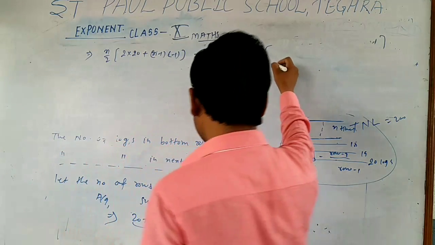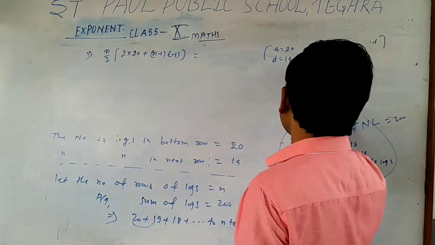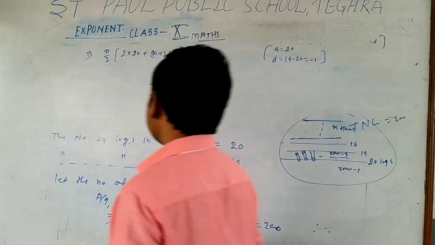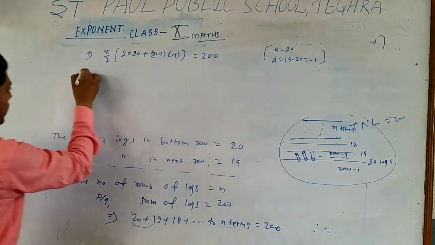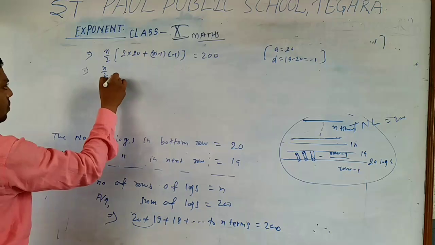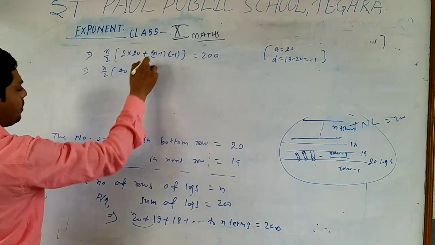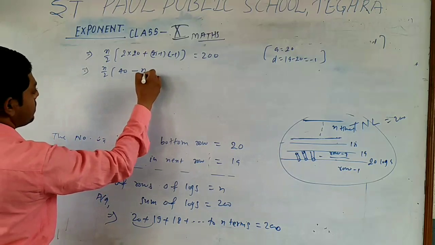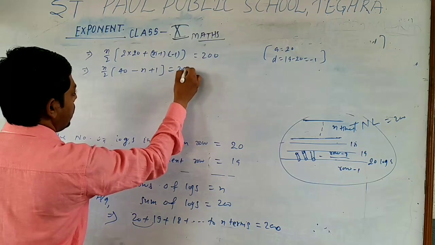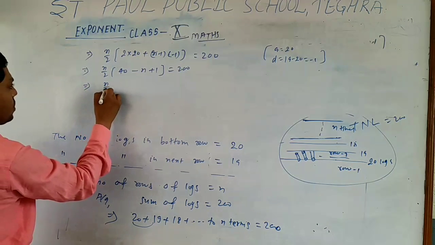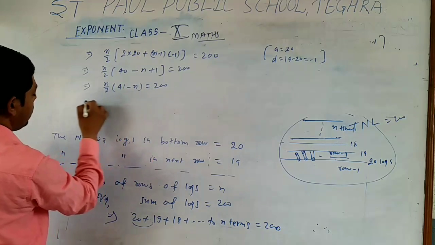Here we can write a equal to 20, d equal to 19 minus 20, that is minus 1. So n by 2 into 2a plus n minus 1 into d equal to 200 can be written as n by 2 into 40 plus, multiplying by minus 1, minus n plus 1, equal to 200, that is n by 2 into 41 minus n equal to 200.